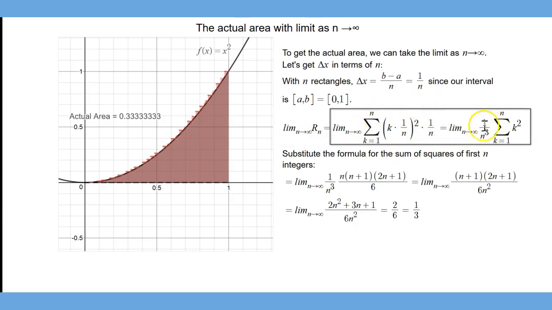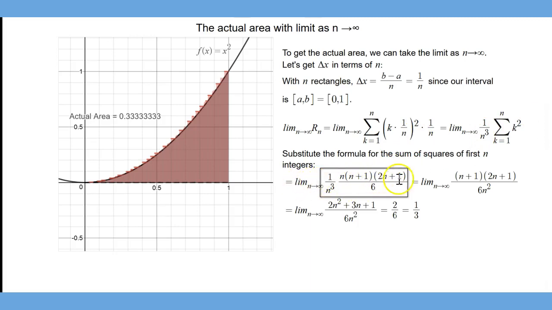I factor out the 1 over n cubed, because that was my delta x. Now I have this expression because I substituted this summation with this expression. If I take the limit of that as n goes to infinity, that's just a rational function, and that evaluates to 1/3. So that's how we know that the actual area is 1/3.